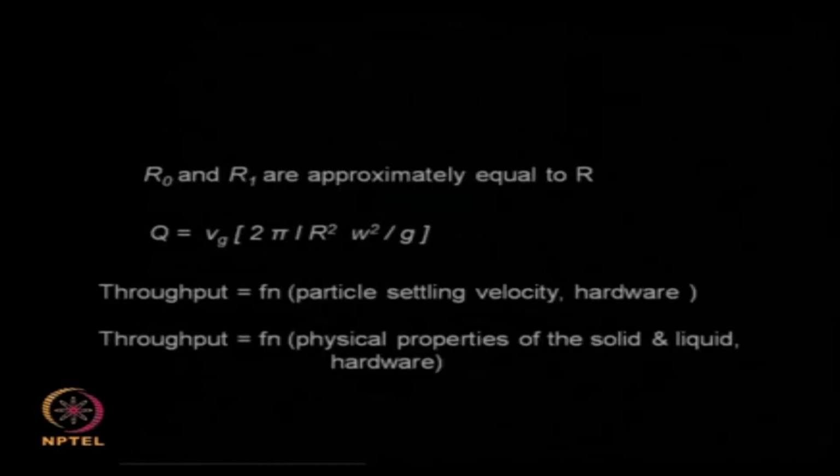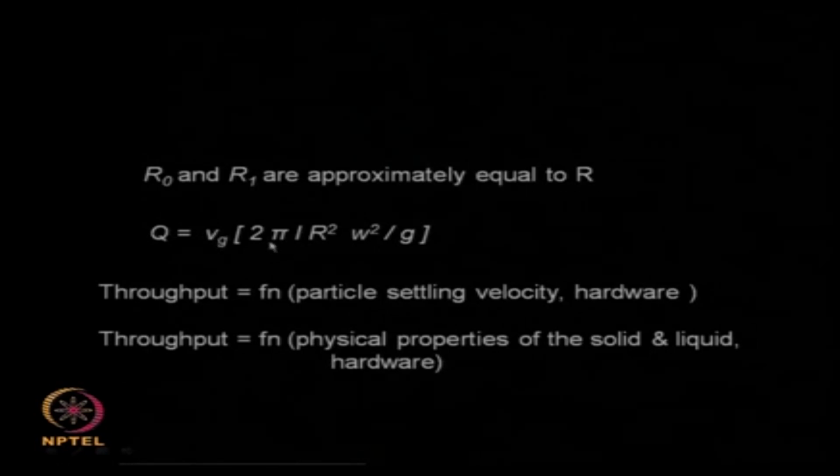Now if you assume R naught and R1, that is the radius of the bowl and the radius of the liquid, are almost equal and equal to R, then the equation gets very simplified to this form: Q equal to V_g, the terminal settling velocity of the solid, times L, the length of the centrifuge, times R, the radius of the centrifuge, times omega, the angular velocity, divided by g.